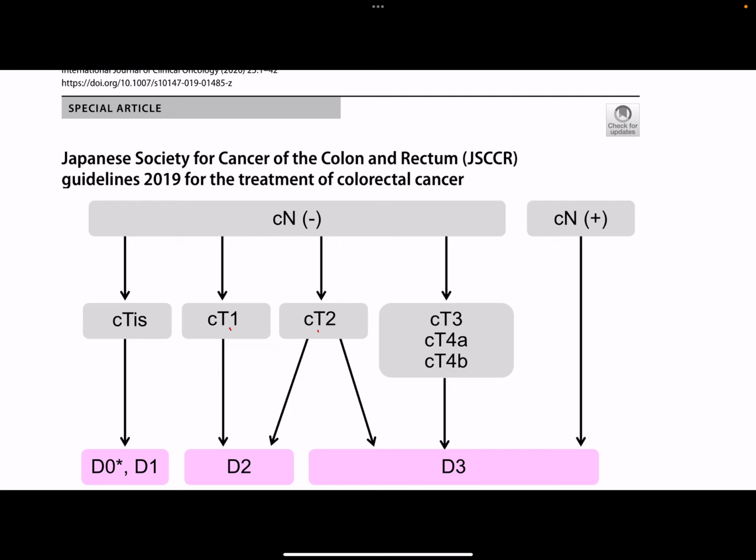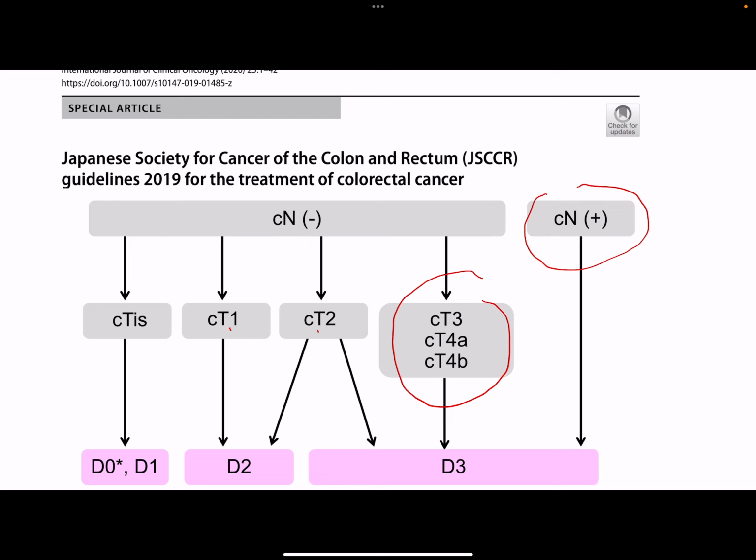But if it's something beyond T2, like T3, T4 or T4B, or the nodes are positive, there are high chances that the central or apical group of lymph nodes will be positive. Unless you dissect that, there is a high chance of regional recurrence and also distant dissemination at an earlier time. So they recommend that the D3 dissection can be done for this group of patients and node positive patients.